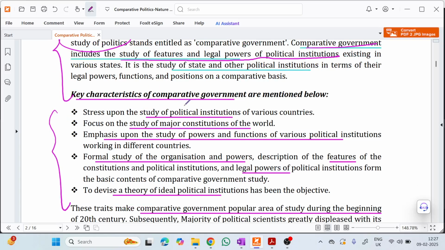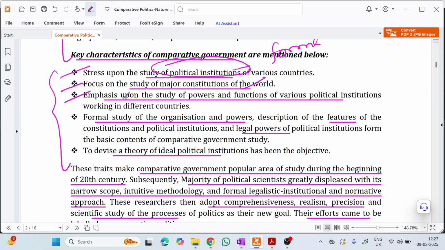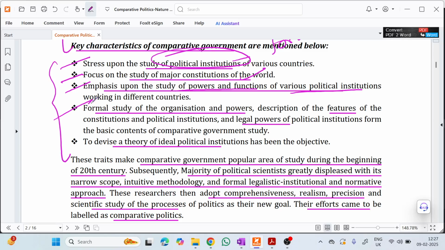Then the key characteristics of comparative government: it stresses upon the study of political institutions, which means the formal institutions. Then it focuses on the study of major constitutions of the world. It emphasizes the study of power and function of various political institutions in different countries, and it confines itself to formal study of organizations and power by describing the features of constitutions and political institutions and delineating the legal power of various constitutions.